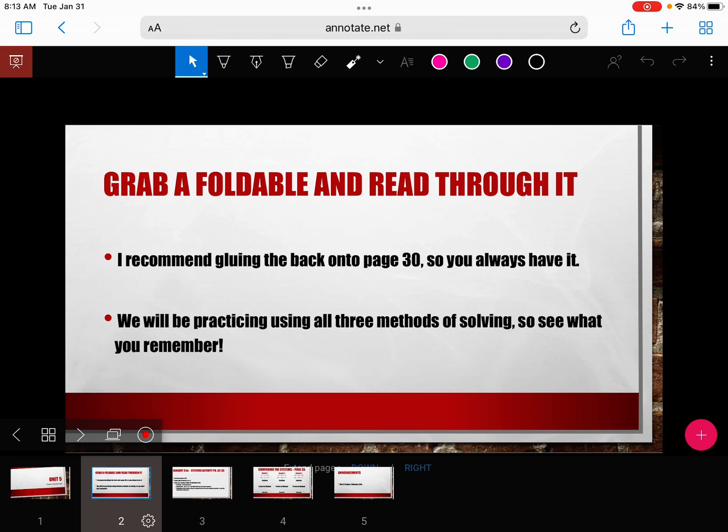So open up your paper and find out which one you're doing, page 33, 34, 35. Sweet. So open it up. Find out if you're doing A, B, or C.